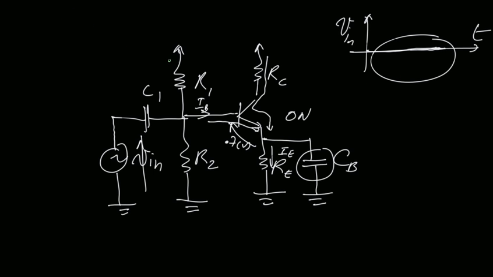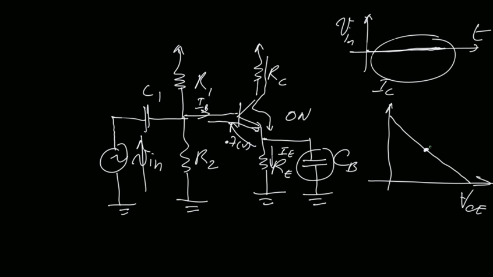This type of amplifier, for which the transistor is always on, is typically on the load line. If you remember, the load line defines the relationship between IC and VCE at all times. Let me make a correction here: this is not a current, this is a voltage, VCE. There's always a linear relationship between IC and VCE.